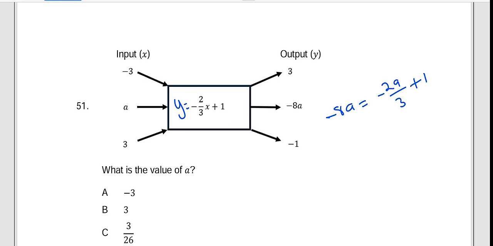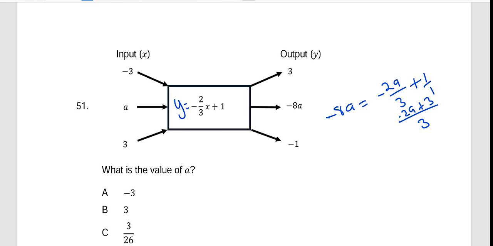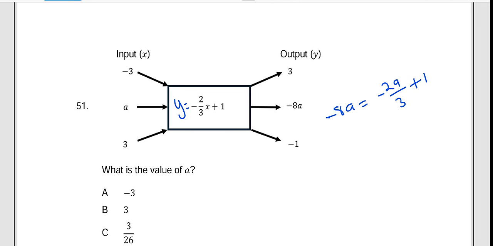So what I'm going to do here, I'm going to look for the LCD, which is going to be 3. But the simplest way, guys, because this would definitely waste our time, is to just multiply by 3 both sides.